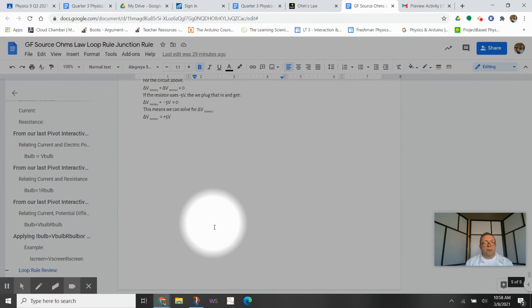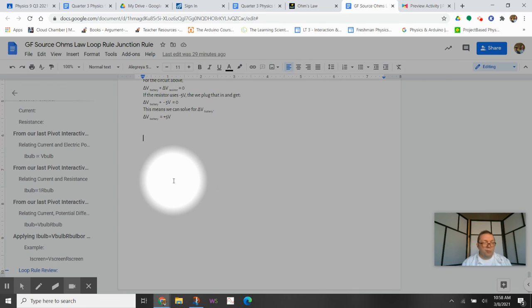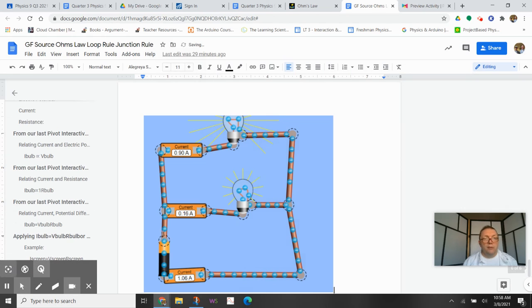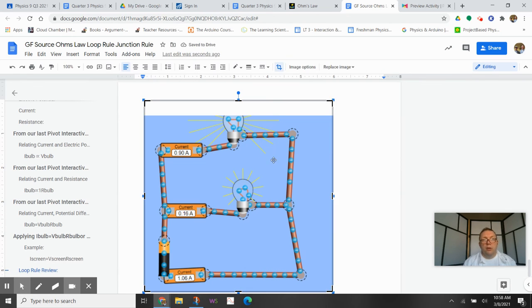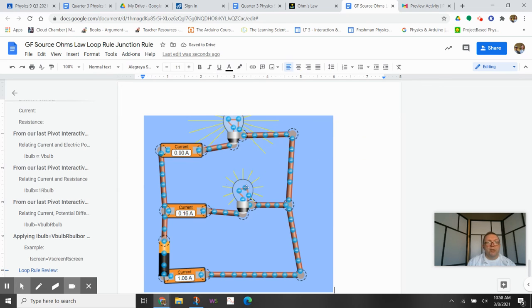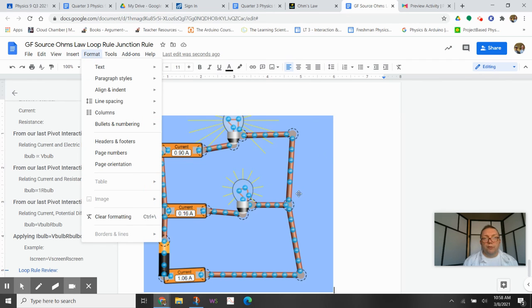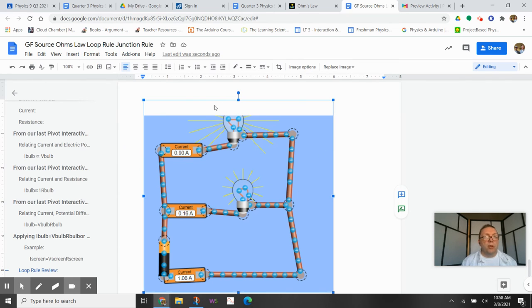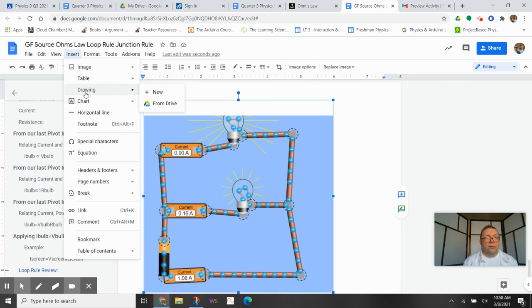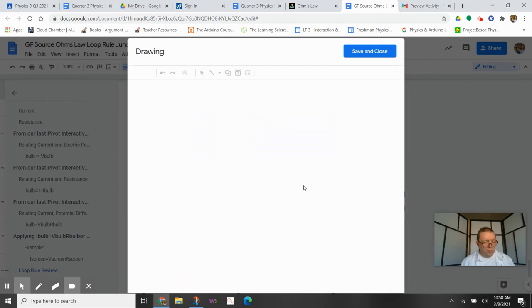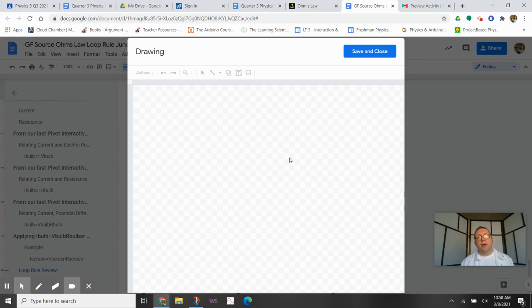So if we put this stuff in, paste, turn this thing off because that's annoying. Drawing tools are always different. Copy, insert, drawing, new, paste that in. Come on now, get in there.